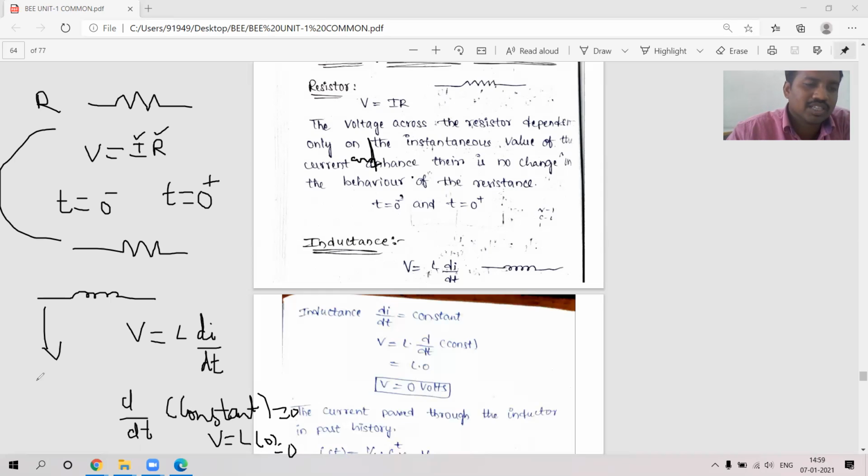So what about the inductor? Here V is equal to L di by dt. This is the final condition: because of the DC supply, the voltage drop is 0.